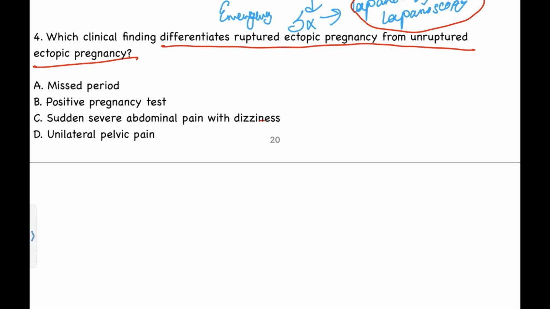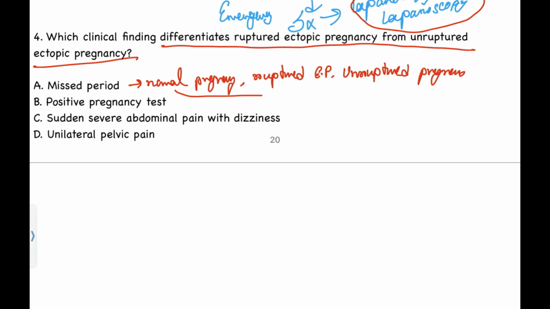No. If a mother is carrying a normal pregnancy, a ruptured ectopic pregnancy, or an unruptured ectopic pregnancy, in all situations the mother will have a missed period. So you cannot differentiate ruptured and unruptured ectopic pregnancy by checking the missed period. That's why it won't be the answer. Option A is not the correct answer.